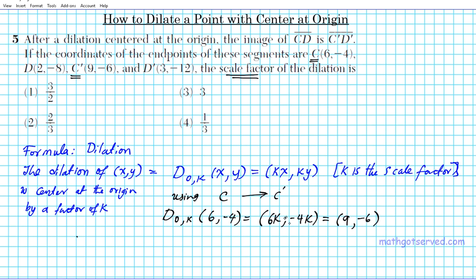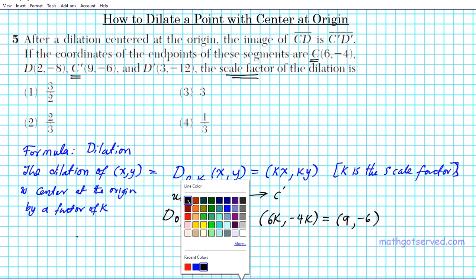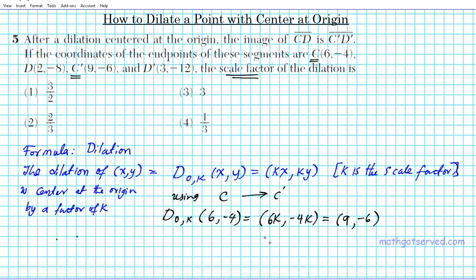Since the x values are equal, we can set up the equation 6k is equal to 9. If you want to use the y's, you can say -4k is equal to -6. By solving any of these for k, you will get exactly the same scale factor.